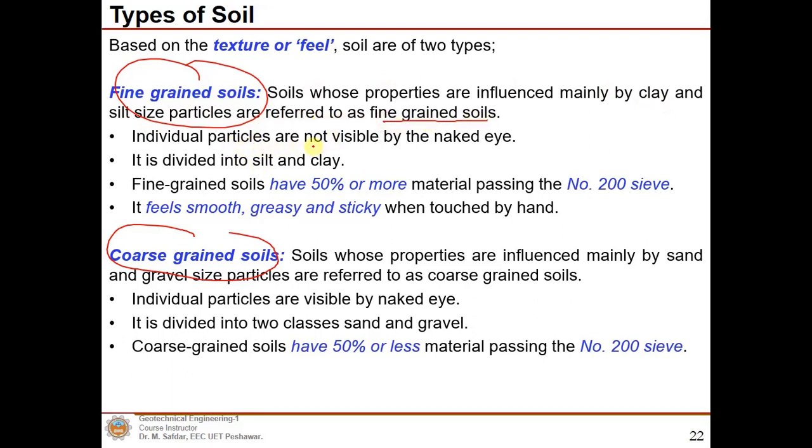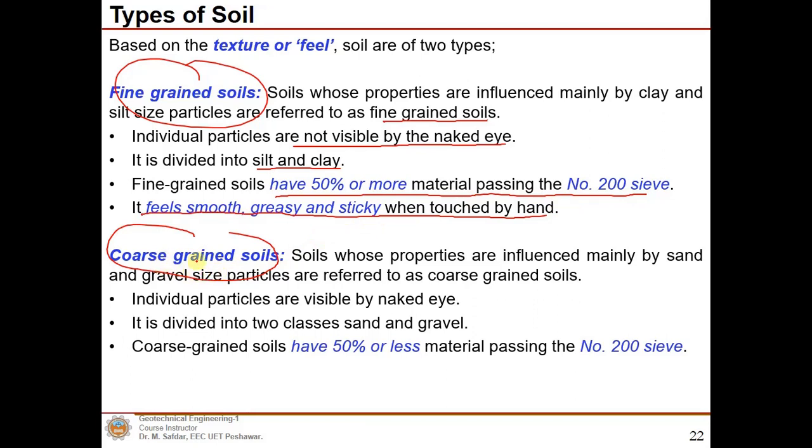Individual particles are not visible by the naked eye. It is divided into silt and clay. Fine grained soils have 50% or more material passing the sieve number 200. It feels smooth, greasy and sticky when touched by hand.